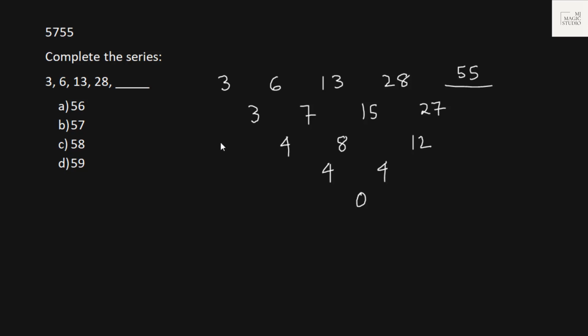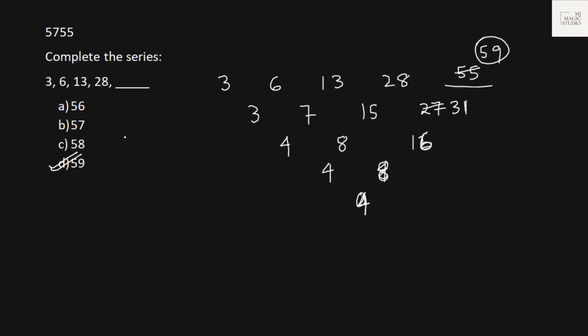But 55 is not there in the options. That means we can go with 4, 8, 16, and then it would be 31, and then it can be 59. 16 also matches up. This will go to the next level of difference table then, and 59 is there in the options.